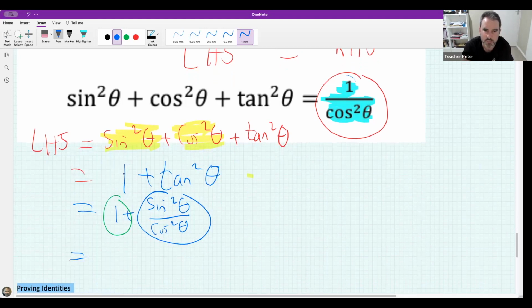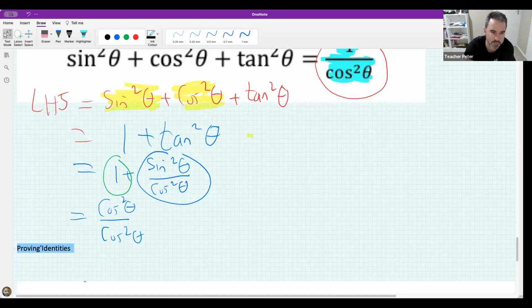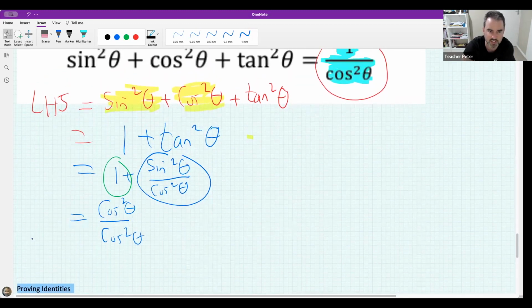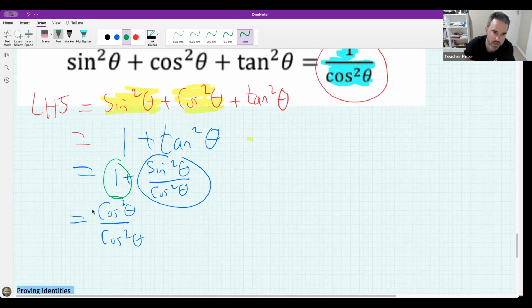Oh, actually, you know what? I'm going in circles here, aren't I? Okay, but follow me on this. Let me be very sneaky. I'm going to teach you this trick. Give me a thumbs up if you follow that cos squared theta over cos squared theta is 1.